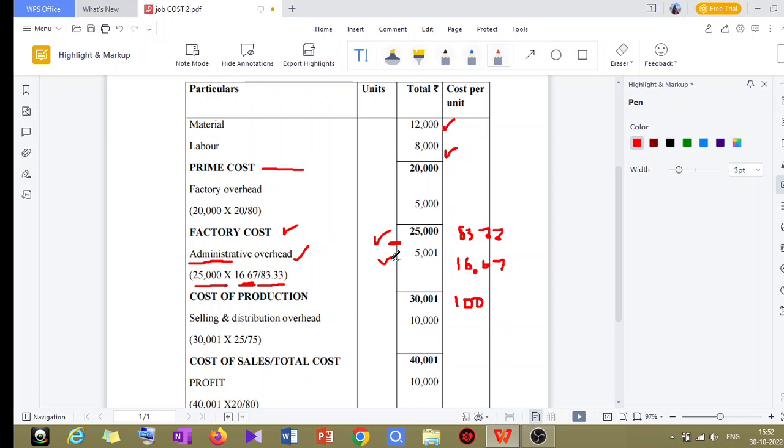Make it approximation, you will get 5001. Clear? So for the factory cost, if you add the administrative overhead, you will get the cost of production, that is 30,001. I hope it is clear to you till here. Till cost of production is done.